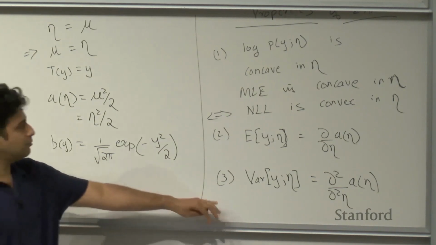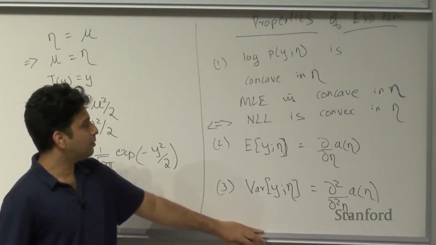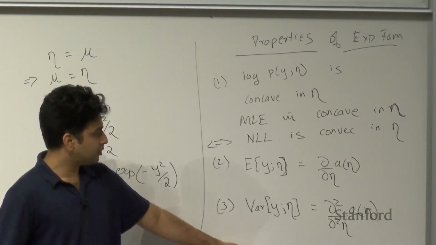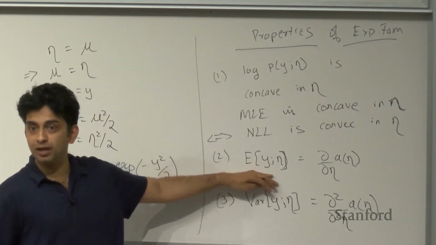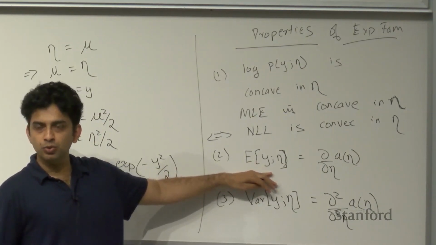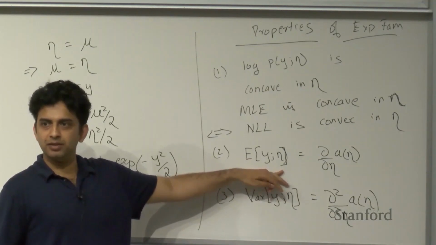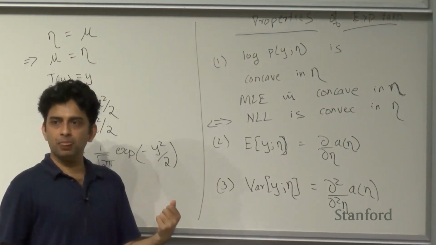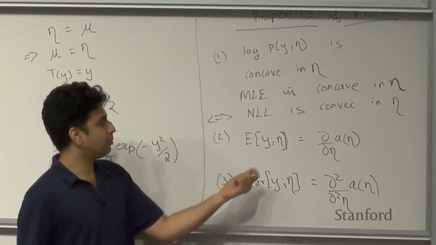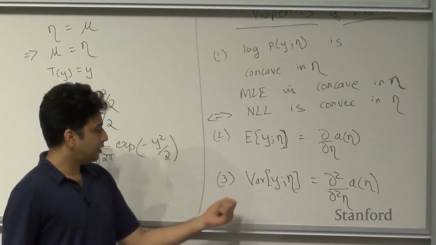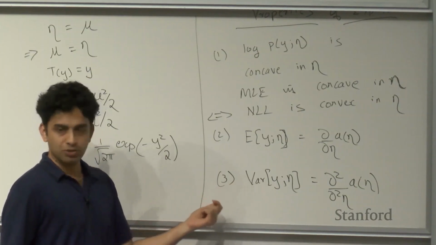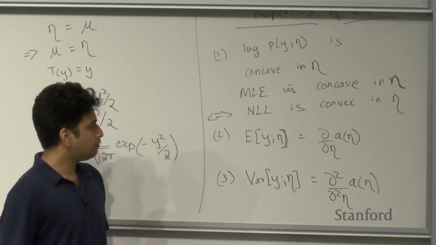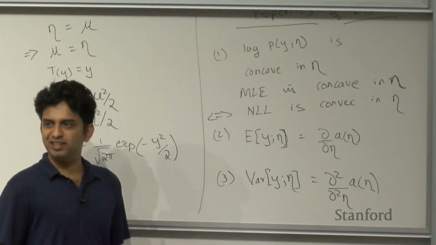So these are some very nice properties of the exponential family, and they're especially nice because in general, if you're given a distribution and asked to calculate the expectation, you are required to take the integral of your variable multiplied by the density, and if you want to calculate the variance, you're supposed to take the integral of the square of the variable with respect to the density, and in general, performing integration is hard.